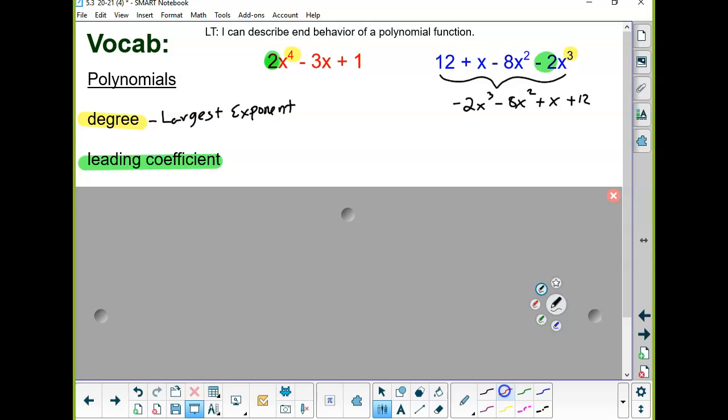But here you can see now it is the leading coefficient. So what is leading coefficient? It's the number attached to the degree. And when I say degree, it's referring to the leading, the highest degree.